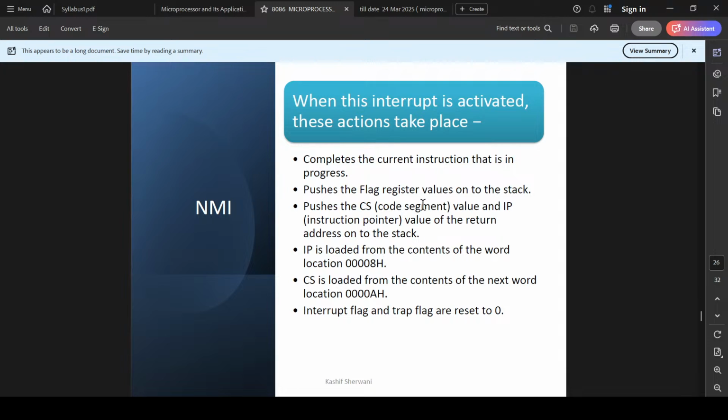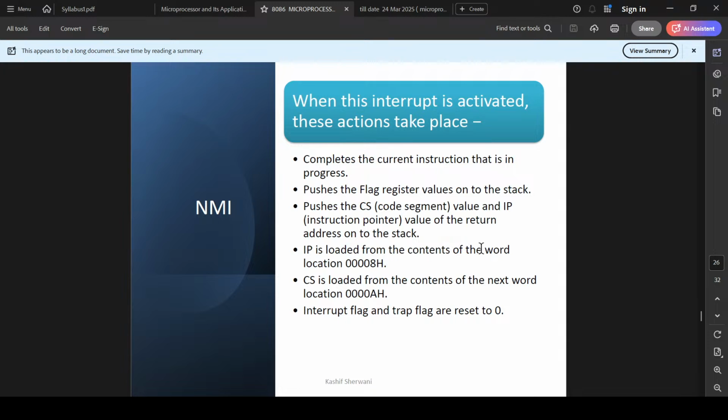The return address is where it will come back to when it finishes the interrupt. So the stack will have the flag register value, the code segment value, and the instruction pointer value, and this instruction pointer will point at the address where it has to come back.